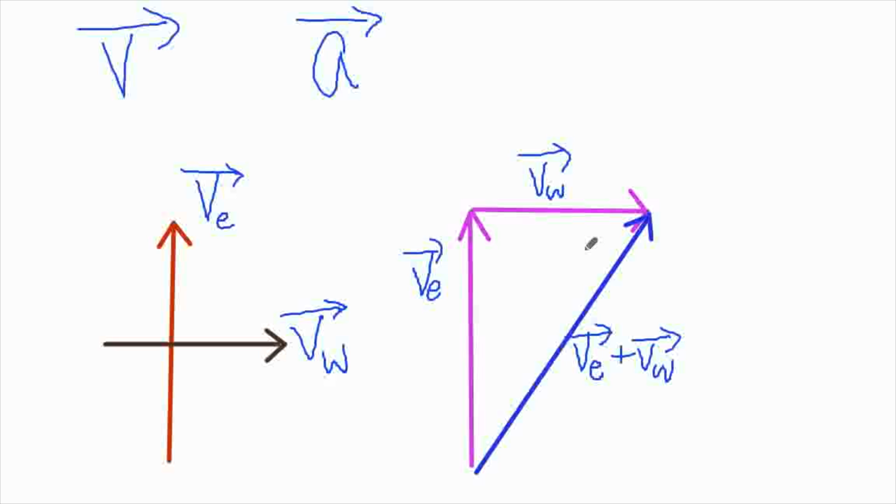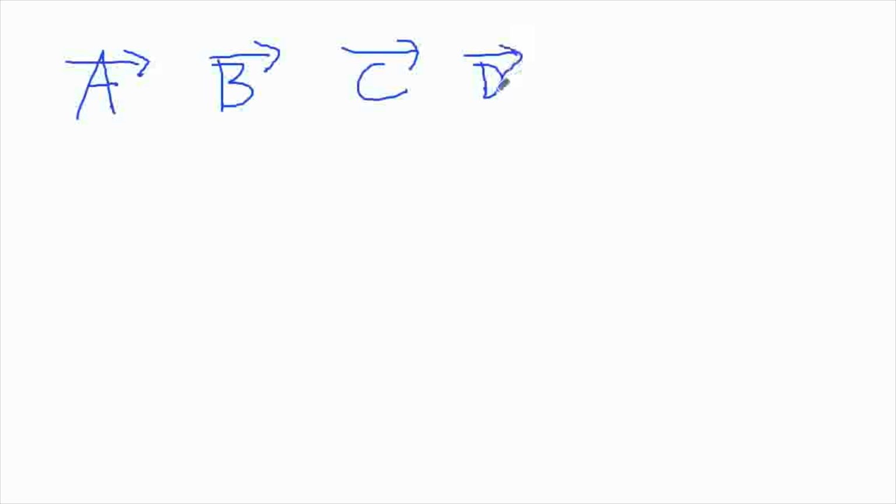Now, let me close with this other example. So let's do displacement. Suppose that you moved with a displacement A, then you moved with a displacement B, then a displacement C, then a displacement D. Let's give some names to those.